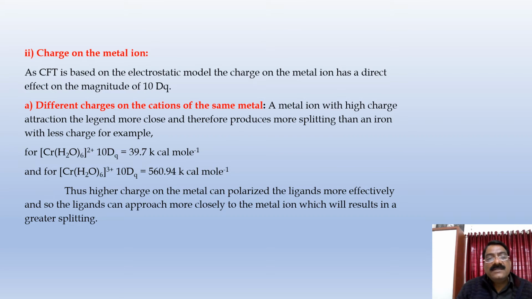Thus, the higher charge on the metal can polarize the ligand more effectively, so the ligand can approach more closely to the metal ion, which results in greater splitting, that is, higher 10 dq. That means lower charge, lower 10 dq; higher charge, higher 10 dq value.